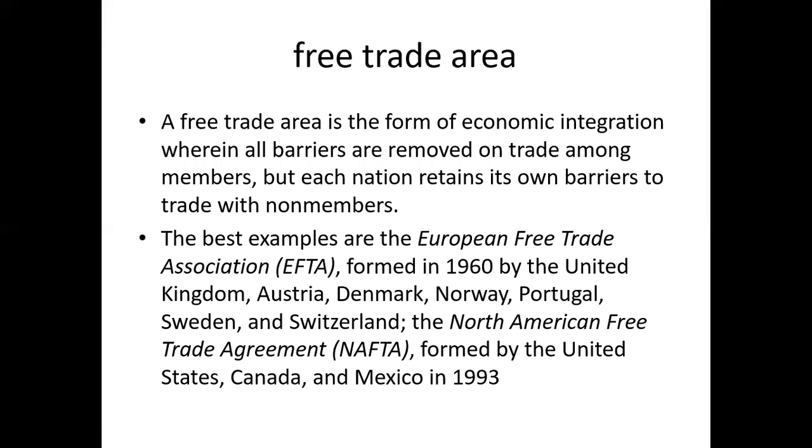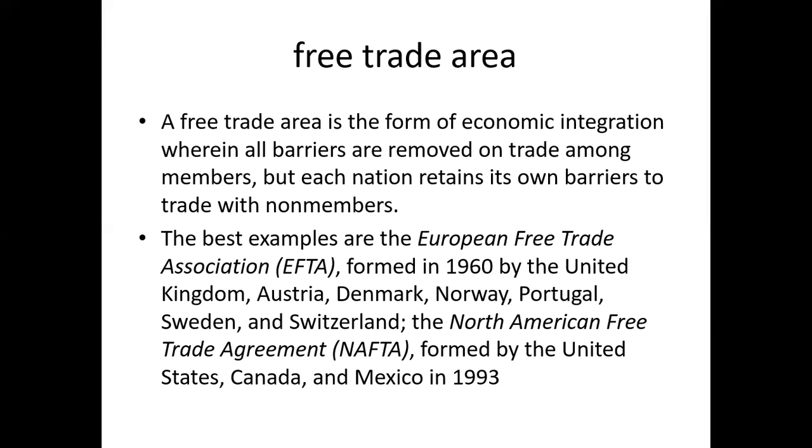Now we come to the next form of economic integration, which is called a free trade area. This is one step forward from the preferential trade agreement. A free trade area is a form of economic integration wherein all barriers are removed on trade among members.